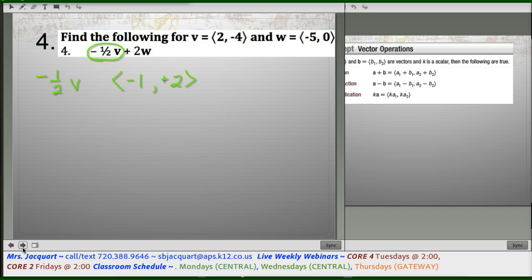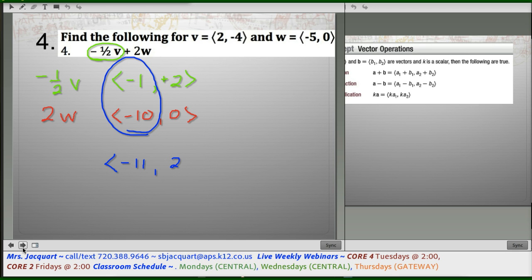And then I'm going to do 2w, which is going to be negative 10 and 0. And then we're just going to add them. So negative 11, comma 2. There you go.